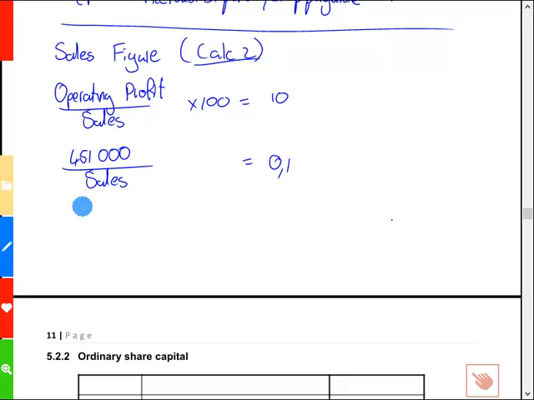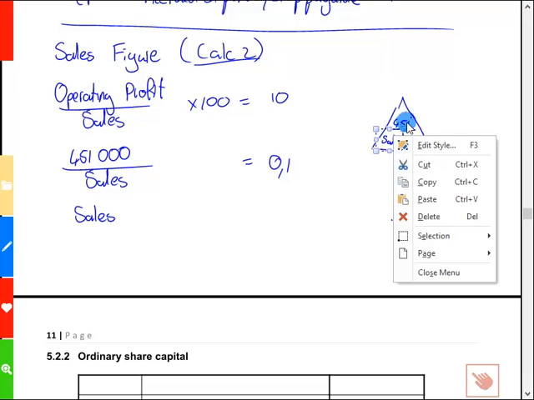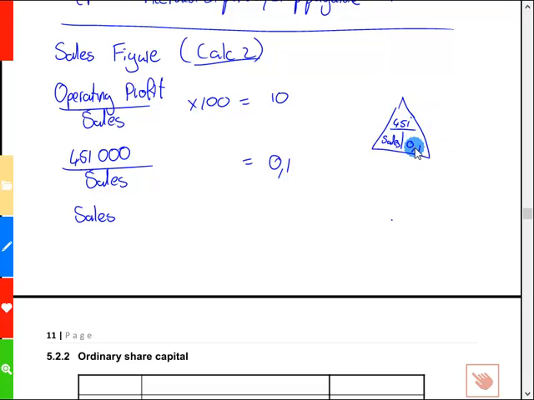You can put your finger on sales, and then you're left with 451 over 0,1. Okay, that's the triangle. And if you remember the triangle, if you've got 451 at the top, sales here, and 0,1, you can calculate any one of the other ones. Put your finger on sales, then you know the answer is going to be 451 over 0,1.